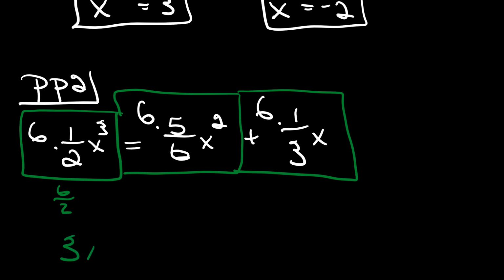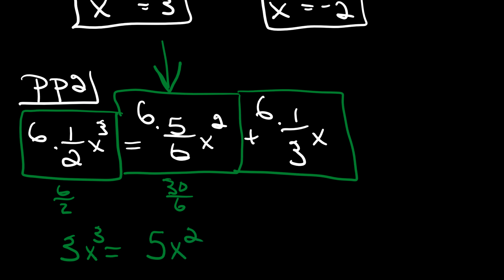So I get 3x to the third power equals, and then I'm going to simplify box number 2 here by going 6 times 5 is 30 divided by 6, which is 5x squared.